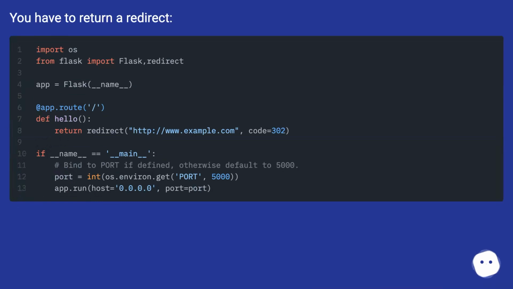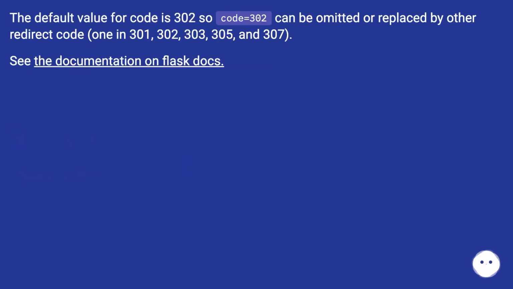You have to return a redirect. The default value for code is 302, so code=302 can be omitted or replaced by another redirect code, one in 301, 302, 303, 305, and 307.